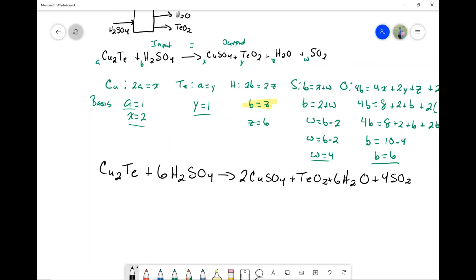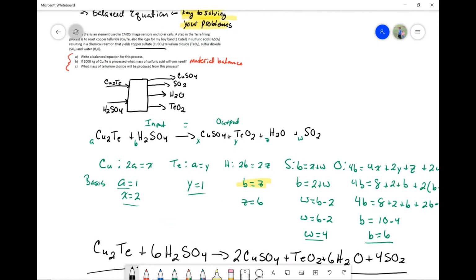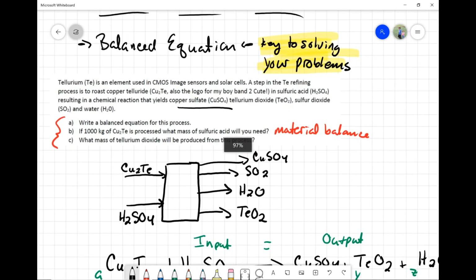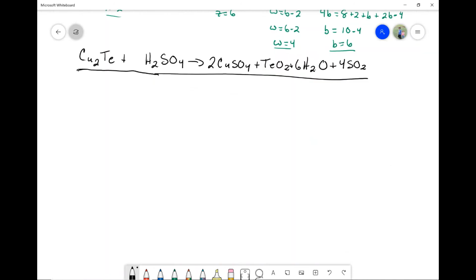Woo! All right. So that's part A. We have our balanced equation. And man, I changed scales. I apologize. So now we have our balanced equation, which is the answer to part A.